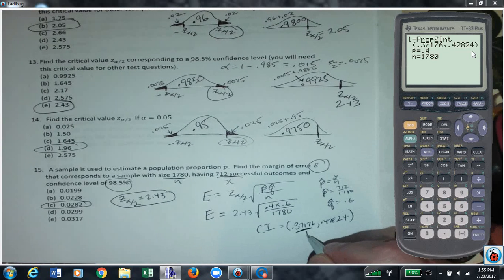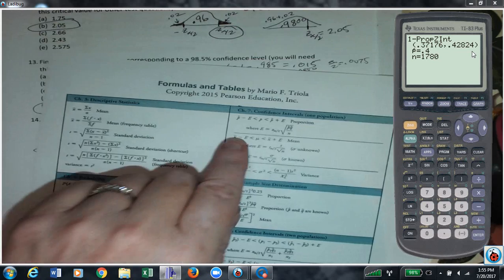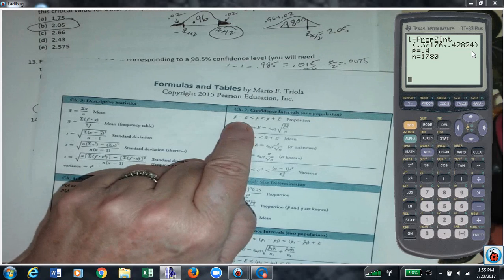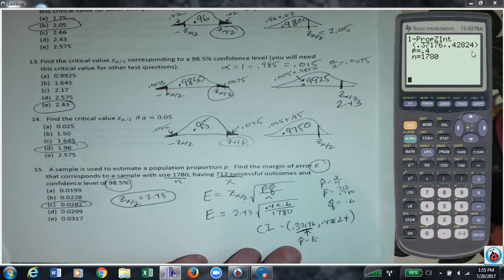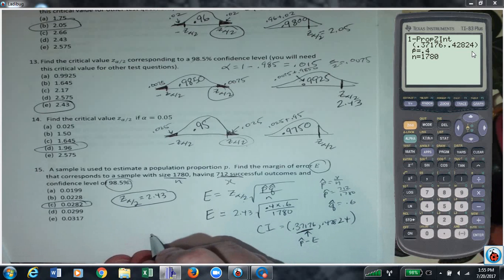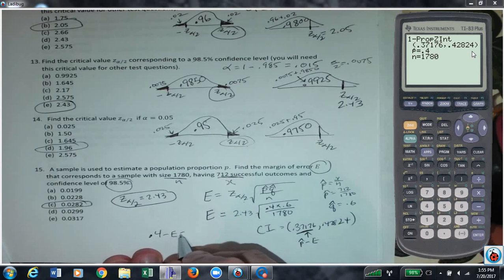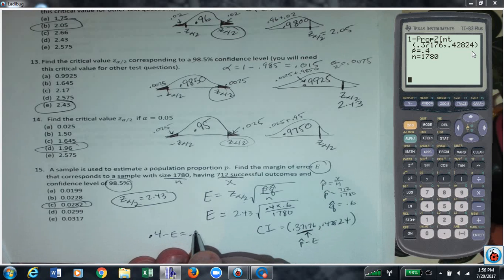So what do we know about the confidence interval? Well, that lower limit is P hat minus E. And we want E, and we know P hat. P hat is 0.4. So 0.4 minus E is equal to this lower limit.